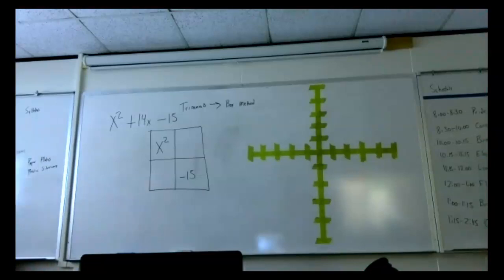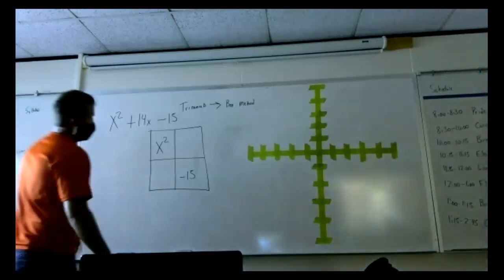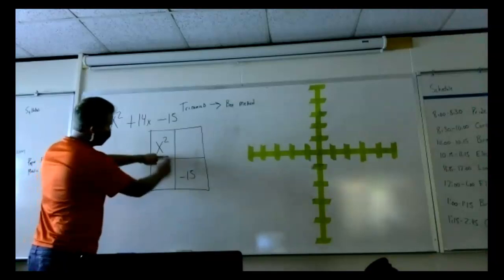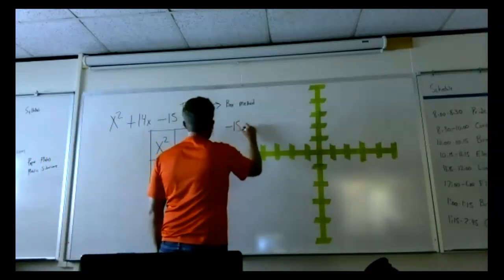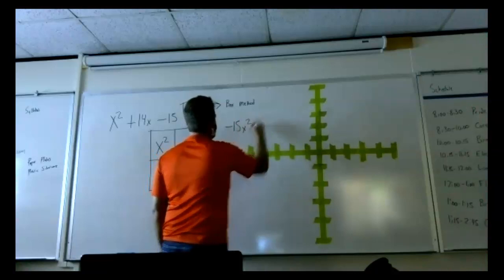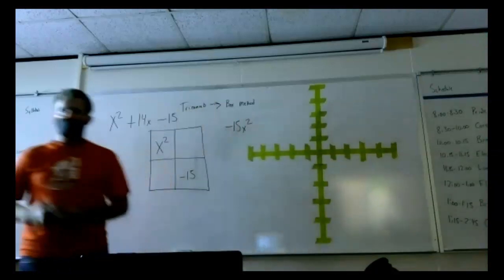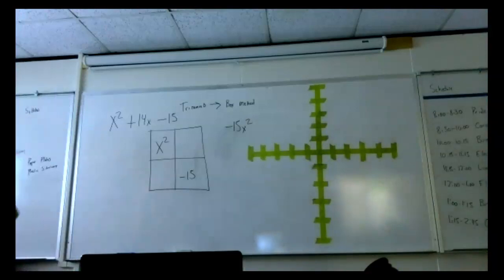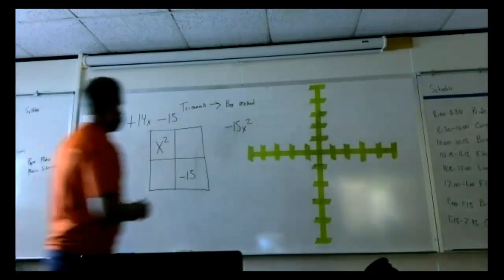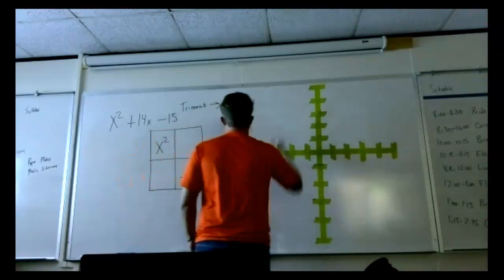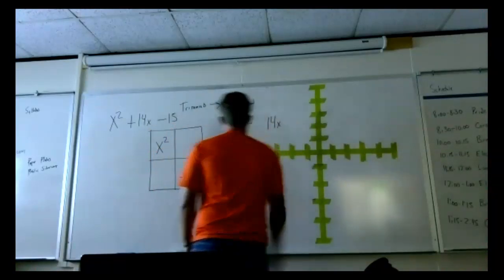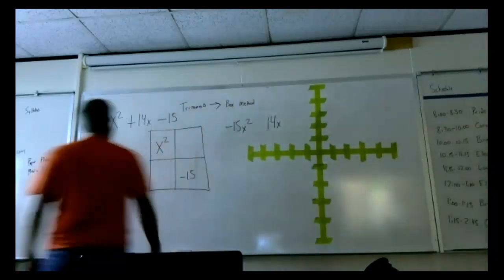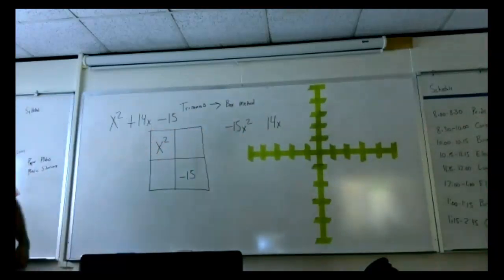Okay, so the next step, we multiply these two together to get a negative 15x squared. So we need to find two terms that are going to add up to be a positive 14x that are going to multiply to be a negative 15x squared.